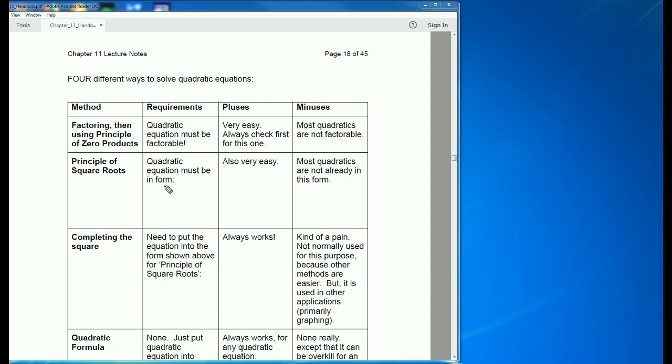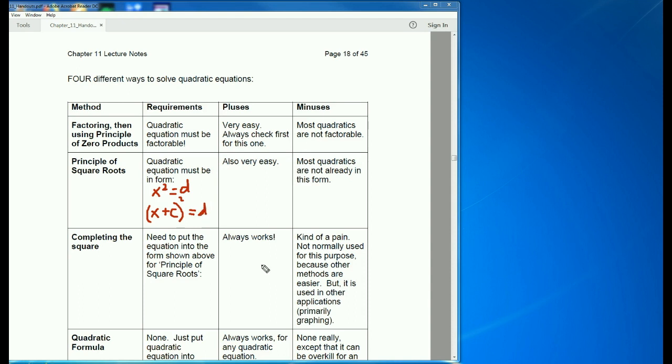You've got to have a quadratic in the form x squared equals d, where d is just a number, or you can have x plus c, any number, quantity squared, is equal to some number.